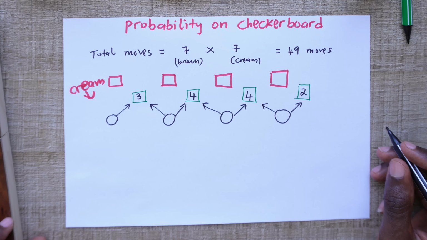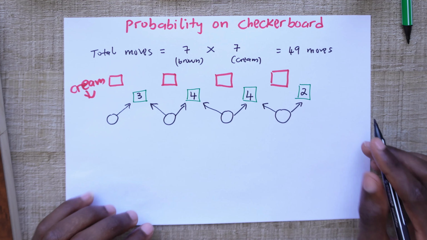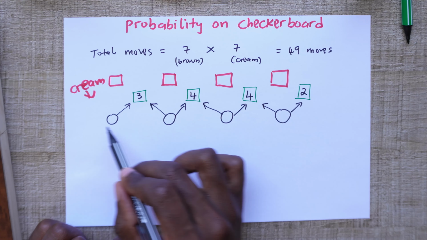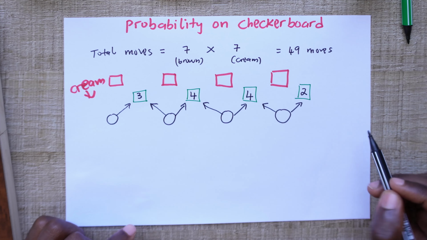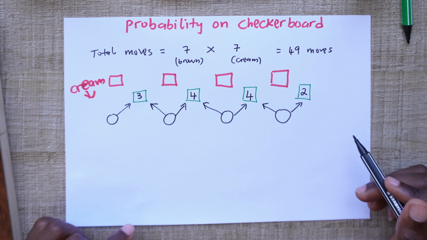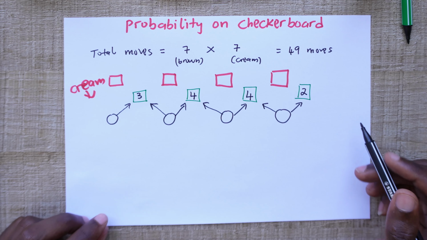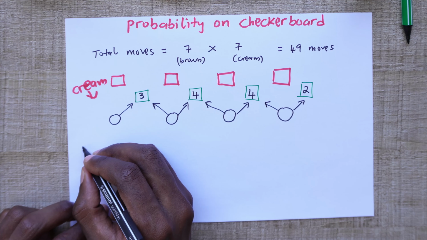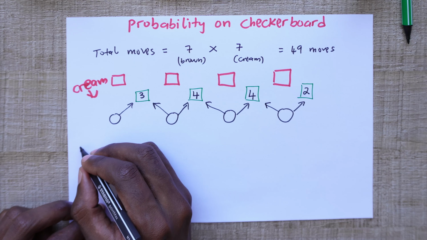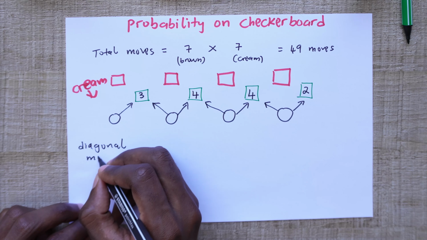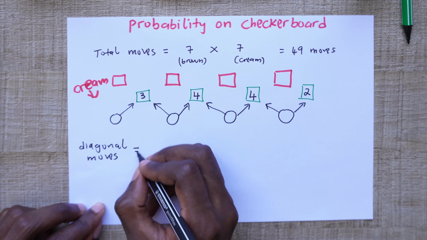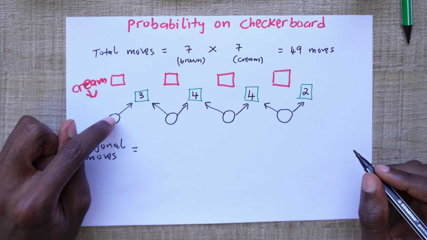Okay? Then what we are left to do is now to count the total possibilities for obtaining these diagonals, and that will give us the total number of configurations in which we can have diagonals. So I'm going to say here that diagonal moves is equal to, so let's start with this first piece.